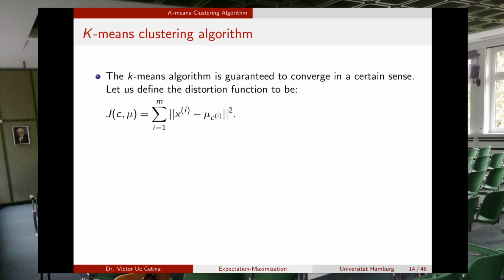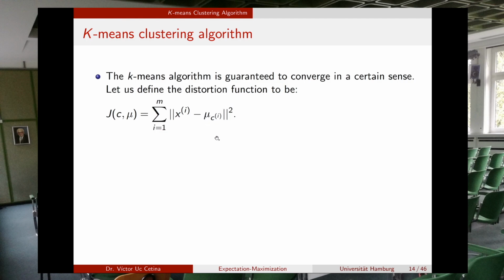So let us define this function, which is called the distortion function. We are calling this function j, and it's a function of z, which is the vector of centroid assignments, and the mu, which will be all the centroids, and here m is the total number of points that we were given, and this norm will represent the Euclidean distance between xi and a given centroid.